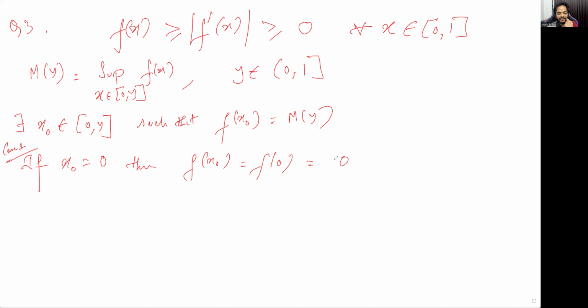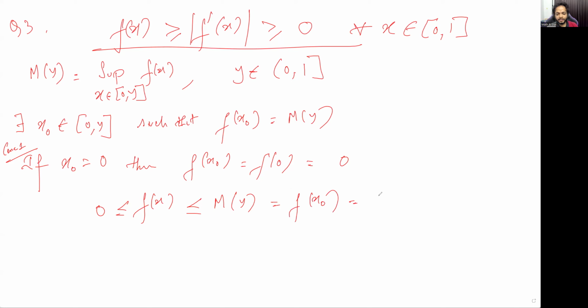Thus we have that f of x is greater than or equal to 0, and this is less than or equal to m of y, which is equal to f of x naught, which is f of 0, equal to 0, for all x belonging to closed 0 to y.